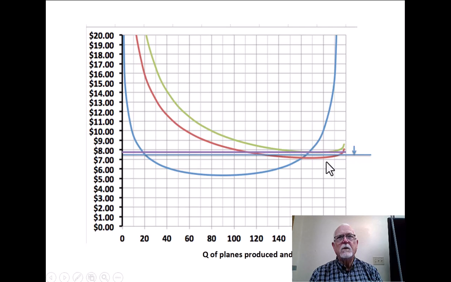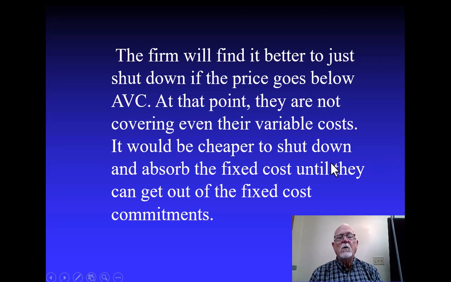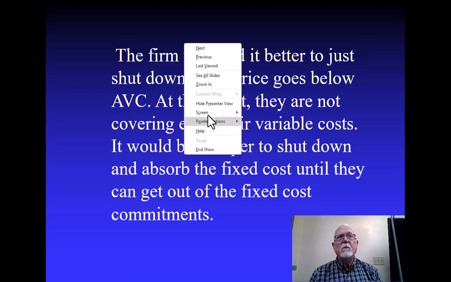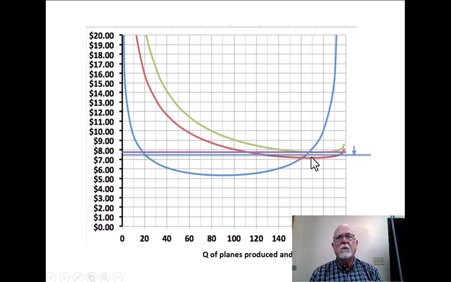Now, what would happen if the market price continues to drop to $7.50? Well, in that region, marginal revenue equals marginal cost would be somewhere in this range right here, maybe close to 165, 170. But in that range, total cost would be greater than total revenue, but the firm is still covering their overhead.